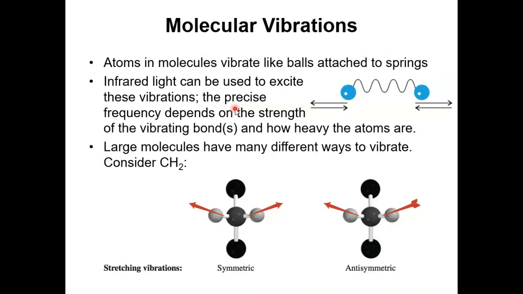So this kind of vibration is called stretching vibration, and just as the name suggests, it becomes longer and shorter. The stretching vibration is the kind of vibration we will consider the most in this chapter.